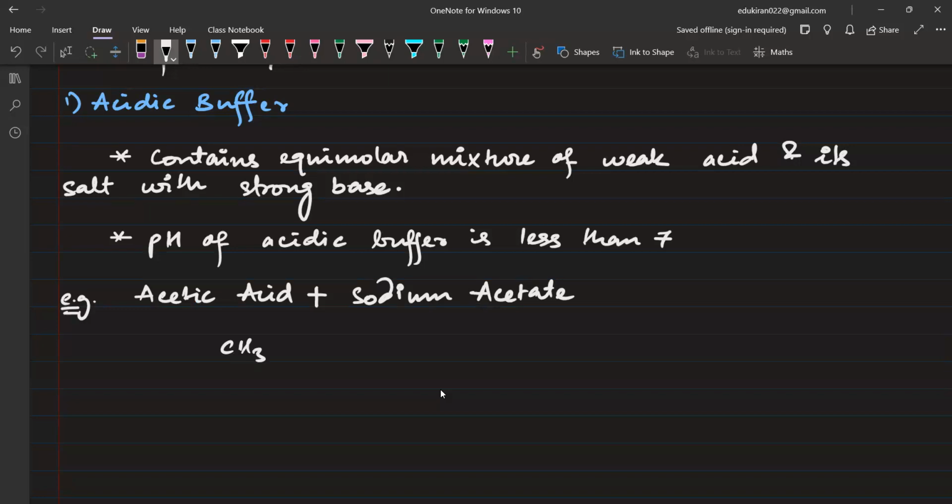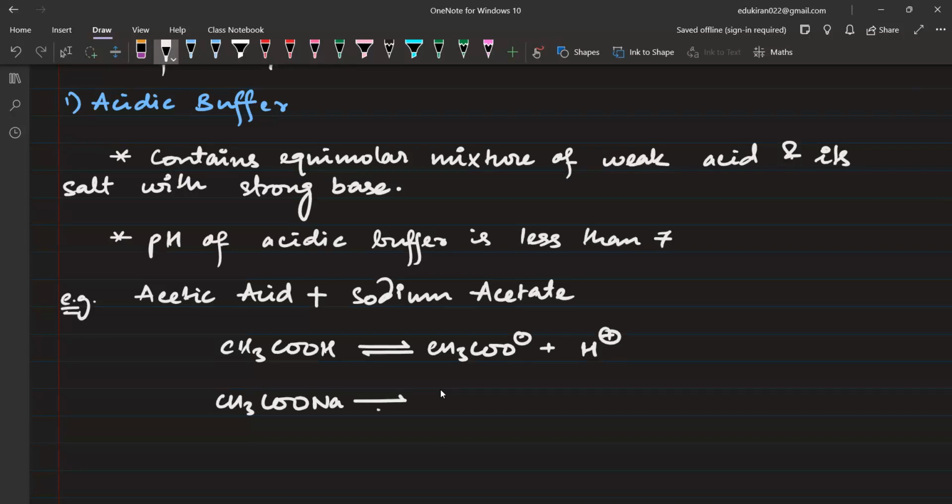One equilibrium is CH3COOH from acetic acid, which will dissociate into CH3COO negative plus H positive. The other we have is CH3COONa, that is sodium acetate, and the equilibrium will exist between CH3COO negative plus Na positive.